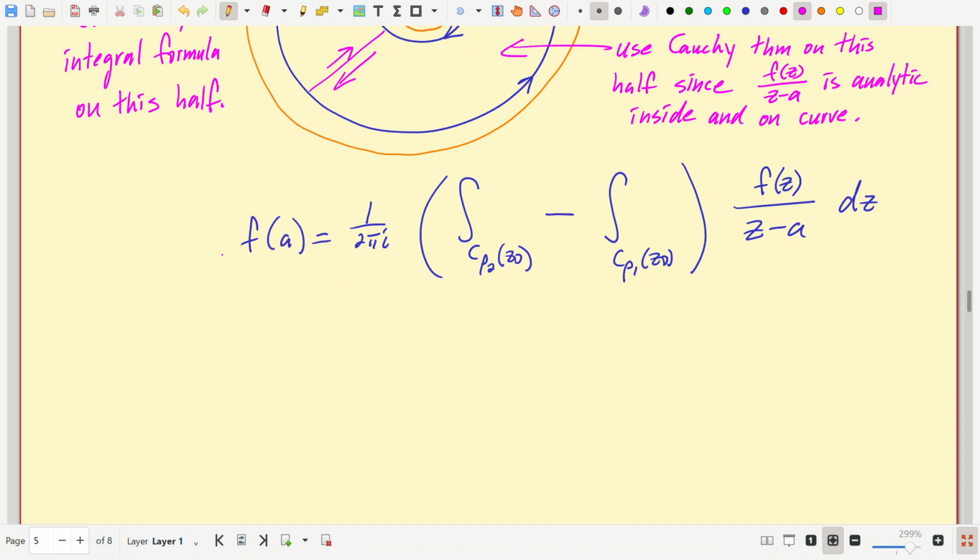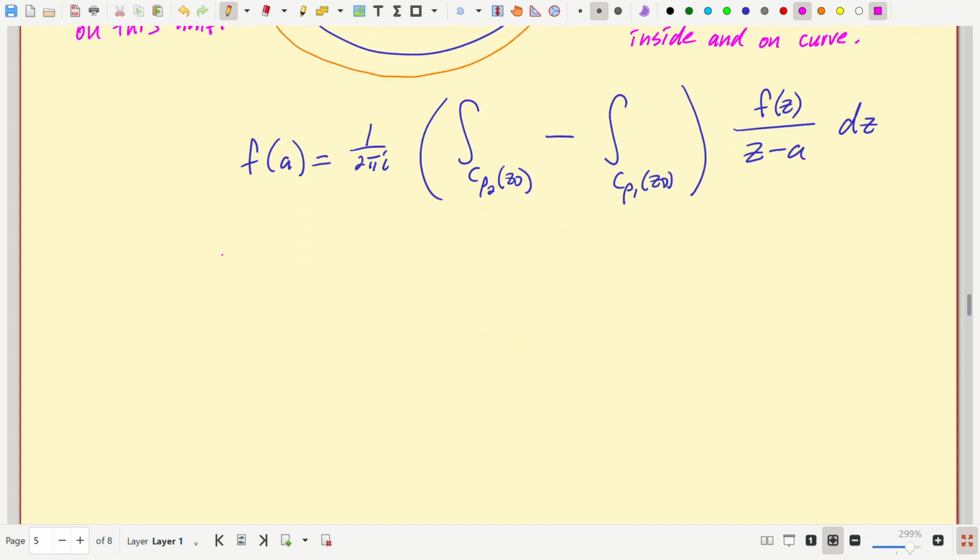Well, that's interesting. Because when I got the Cauchy integral formula on a disk, that's how I could see that analytic functions were given by power series.